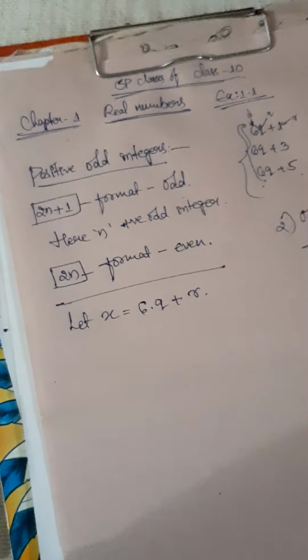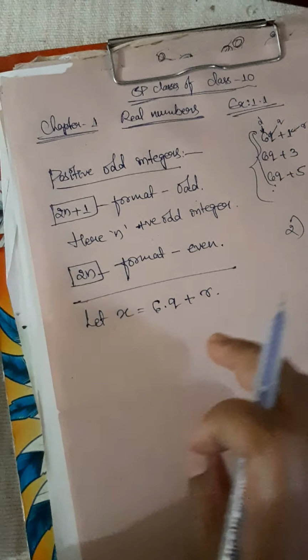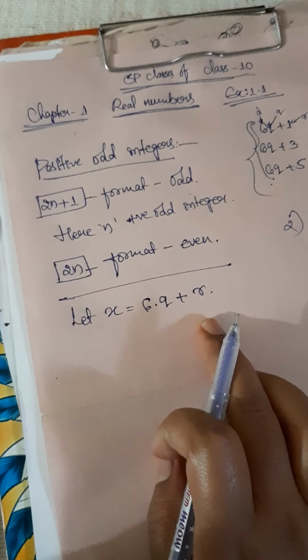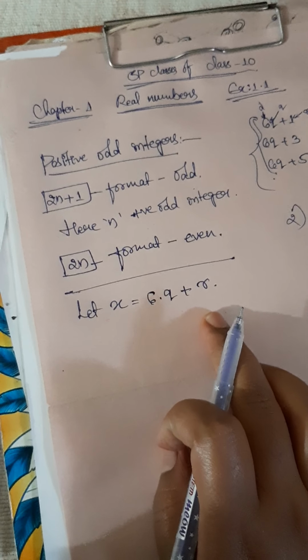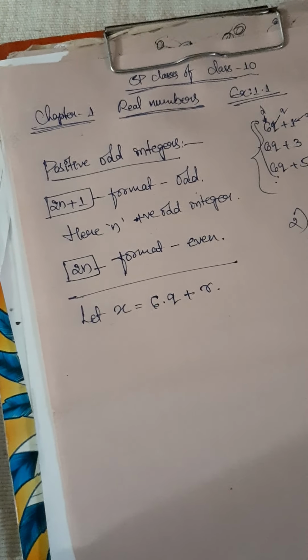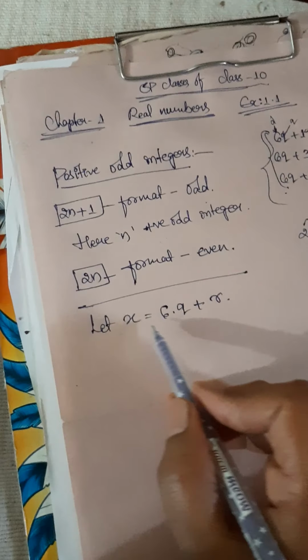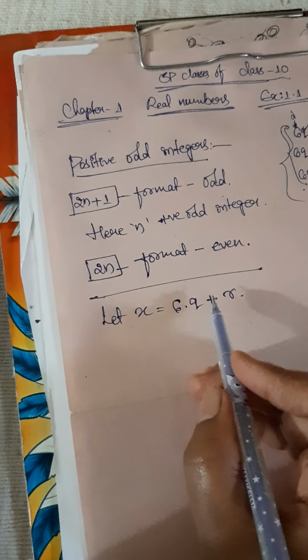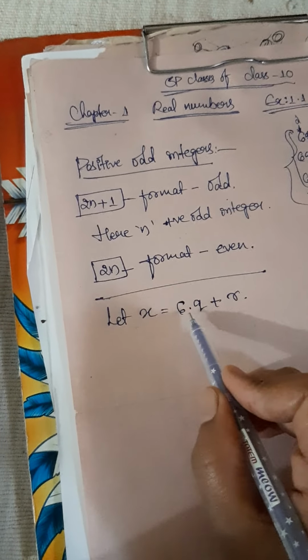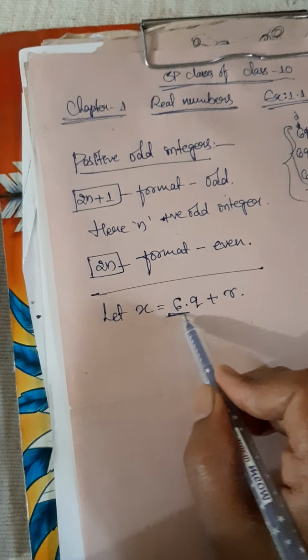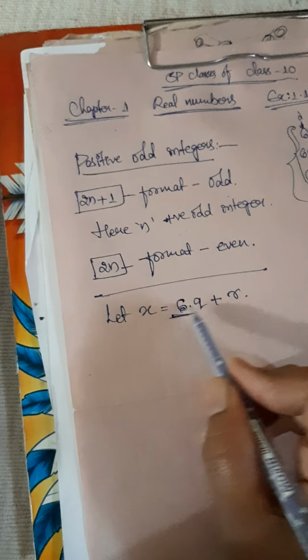According to which form are we getting this? You all remember Euclid's division lemma? In that format only we are getting this. So this 6 is the divisor.